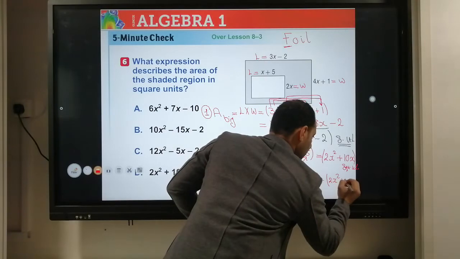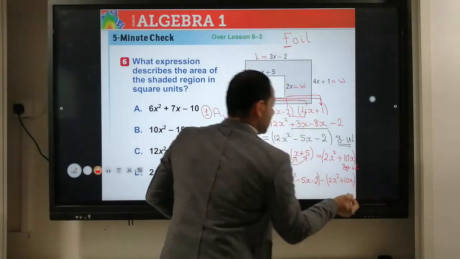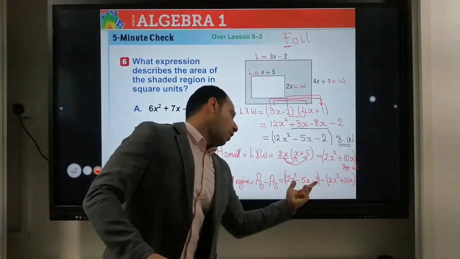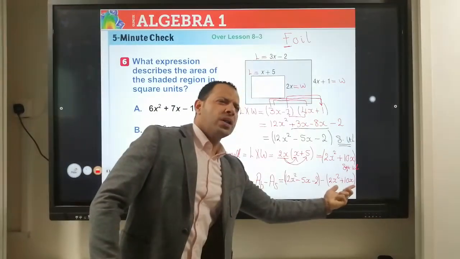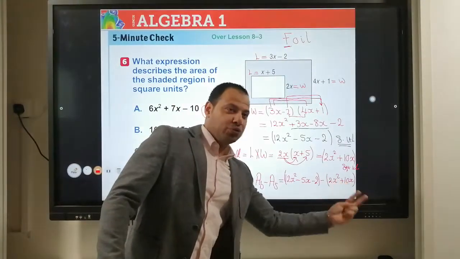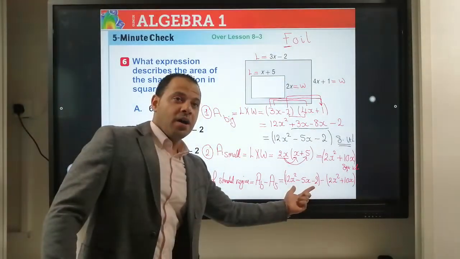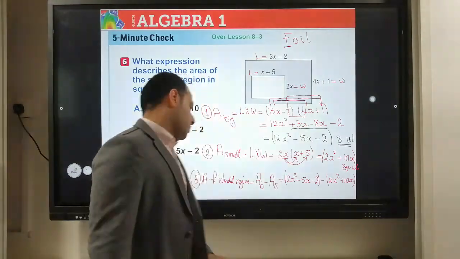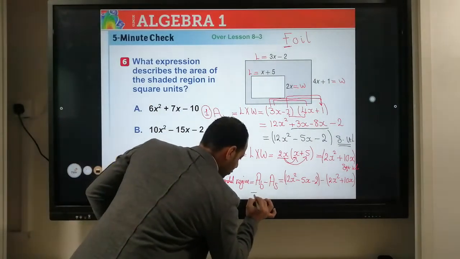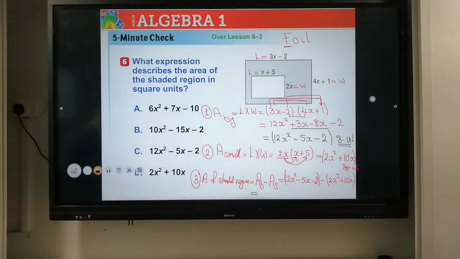I need to subtract this expression from this expression. This expression is what? Excellent, it's a binomial because it consists of 2 terms, and here a trinomial, 3 terms. Now I get the answer. So I just write the answer here: 12x squared minus 2x squared.